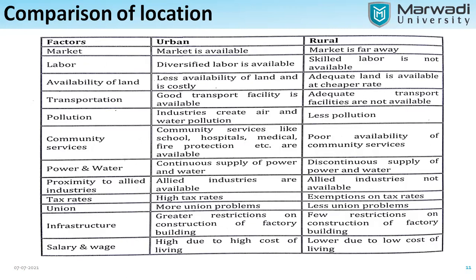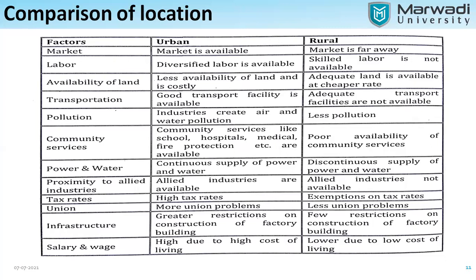Power and water की बात करें तो continuous supply of power and water in urban areas will be there, while rural area में it will be a discontinuous supply of power and water. अगर हम proximity to allied industries की बात करें तो allied industries are available near the urban location, while in the rural location allied industries are not available. If you consider the tax rates, in urban areas high tax rates are there, while there will be an exemption on the tax rates in the rural areas.